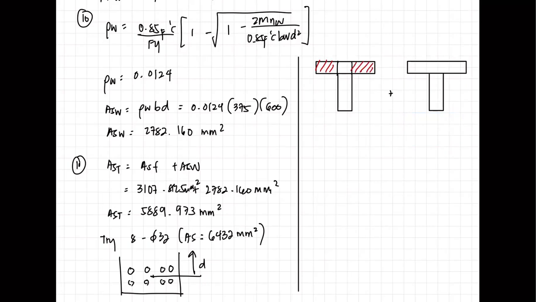Yung another section is ito. So, ito is BF, BW, HF, then ito is yung ating A, then BW. Okay? So, para makuha si A na kailangan natin, yung value ng A.